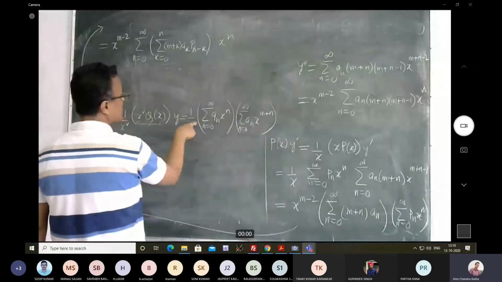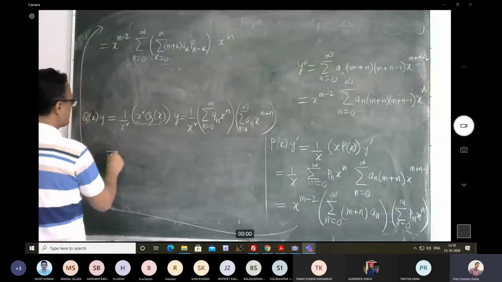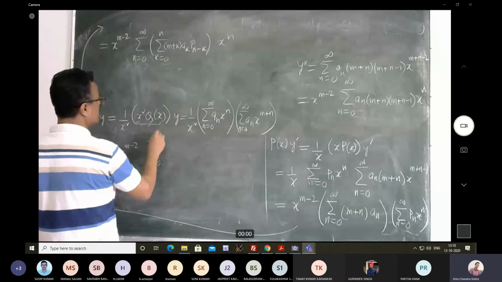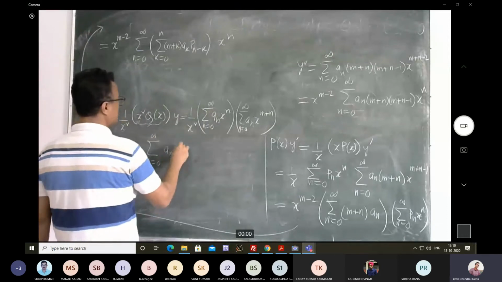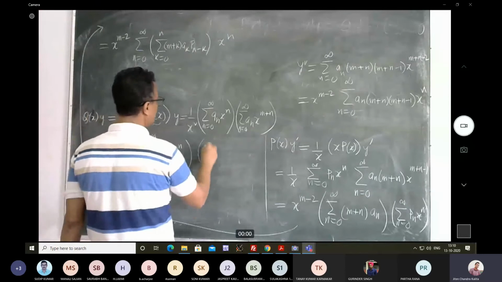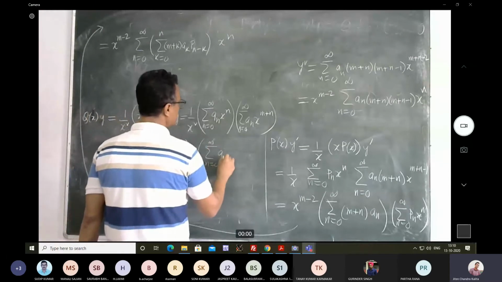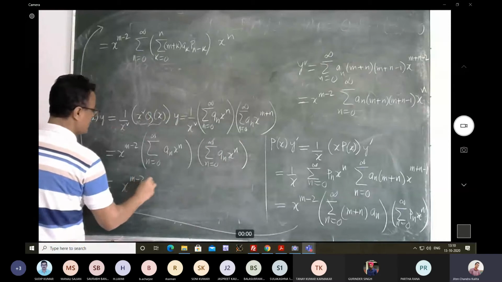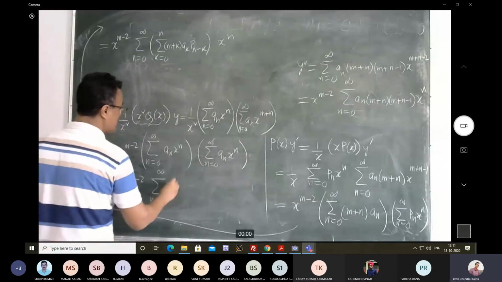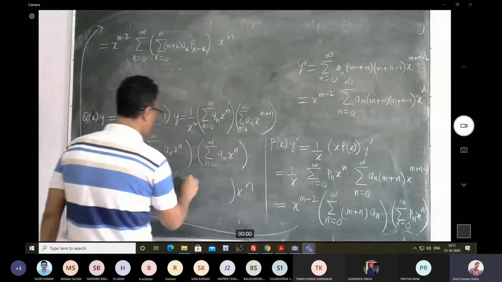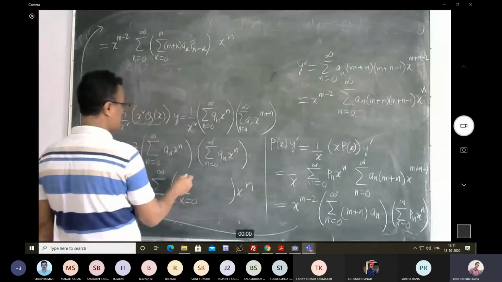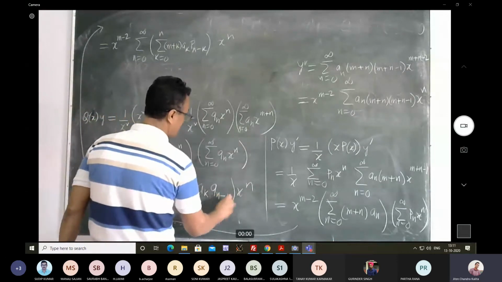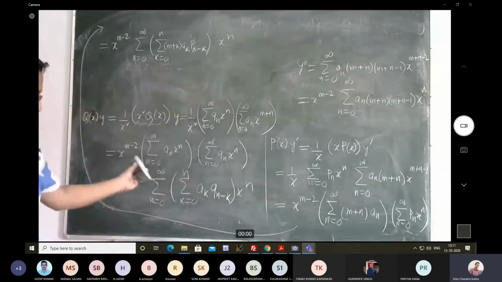And as before, because of the presence of this x squared term, what I can do is write it as the sum from n equal to 0 to infinity of a_n x to the power n, and then the sum from n equal to 0 to infinity of u_n x to the power n. Now I can easily write it as the sum from n equal to 0 to infinity of x to the power n, with k going from 0 to n, and this is pretty straightforward: a_k q_(n minus k), right?